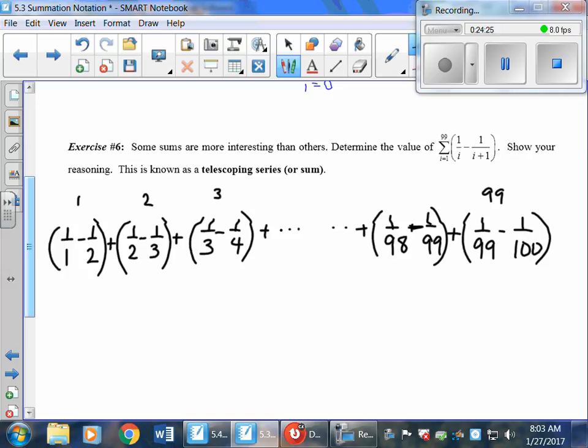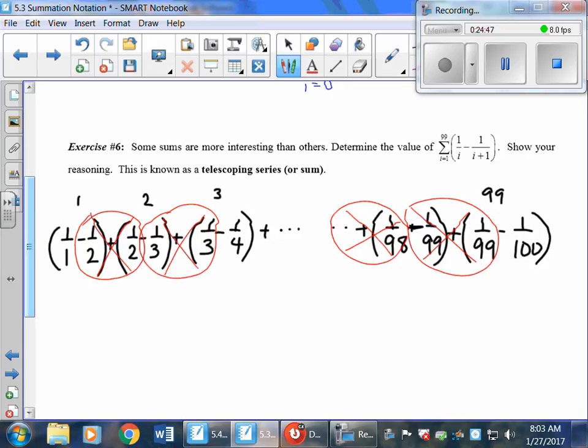So a telescoping series means that when I look at this, you see these two terms here? They cancel out. You see these two terms here? They cancel out. And they'll continue canceling out until we get all the way down here. Do you see these two terms? They cancel out. And then this one would cancel out with the one before it.